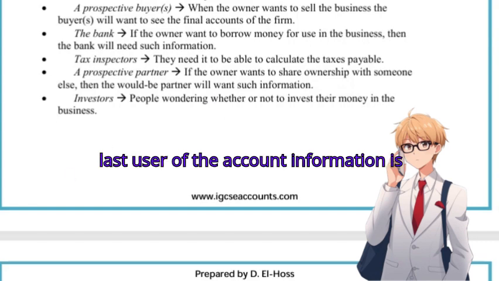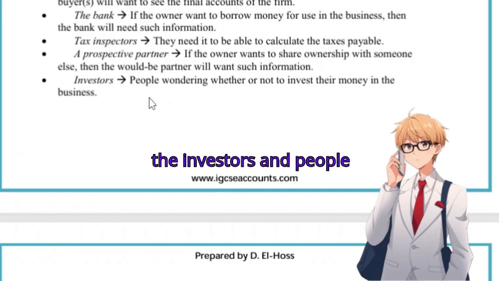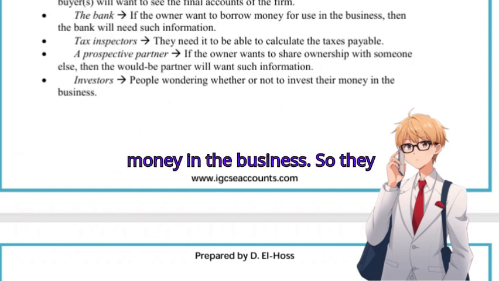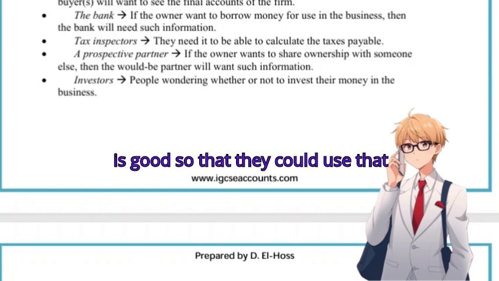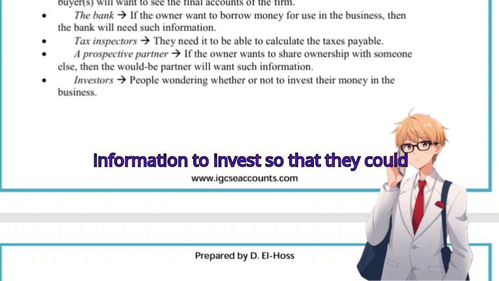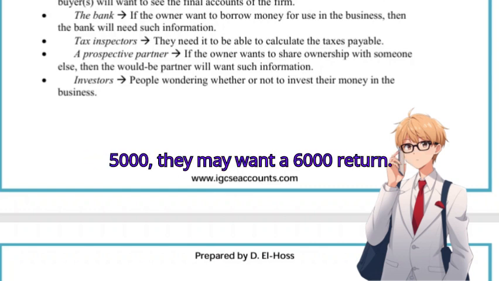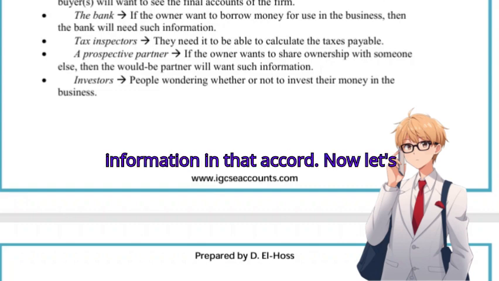The last user of the accounting information is the investors, people wondering whether or not to invest their money in the business. They might want to make sure the market is good so that they can use that information to invest and have something in return. Say if they invest 5,000, they may want a 6,000 return. So the investors will use that information in that accord.